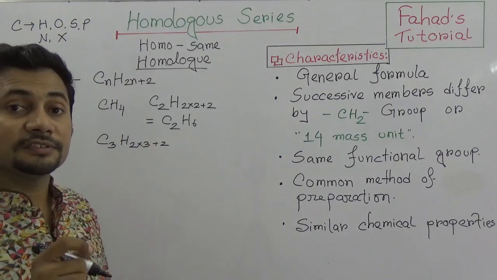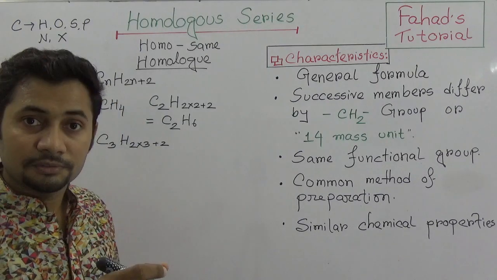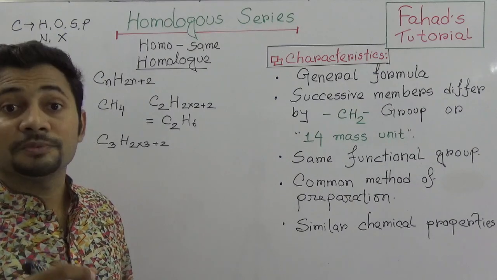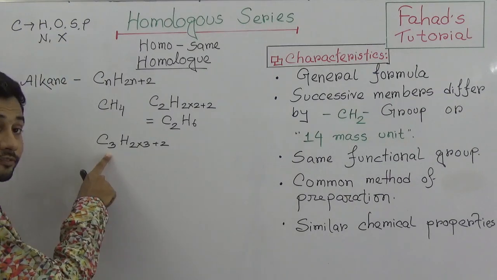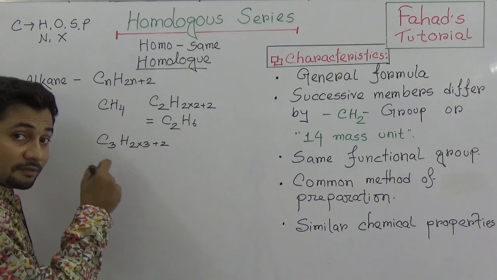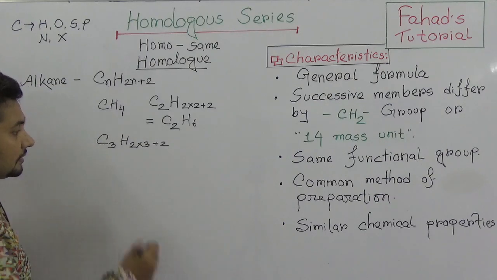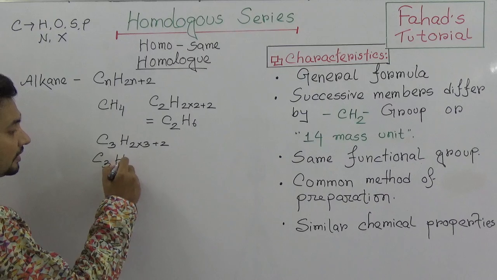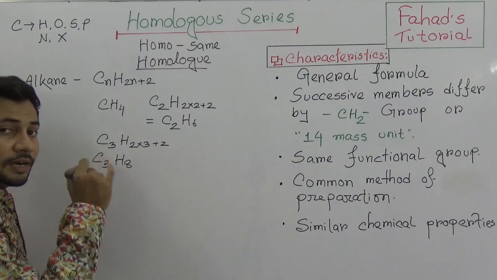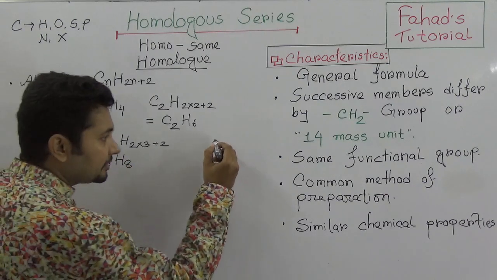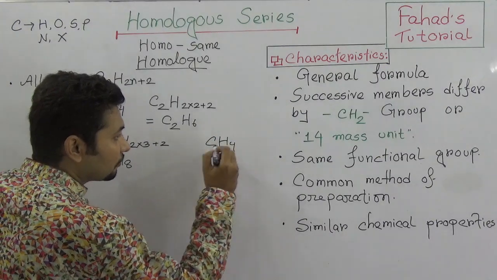So the number of hydrogen is always twice the carbon plus 2. That should always be remembered. So in case of propane, with 3 carbons, it is C3H8.